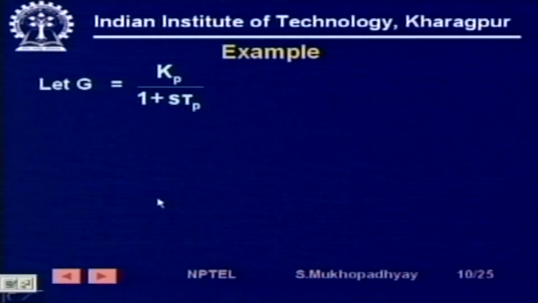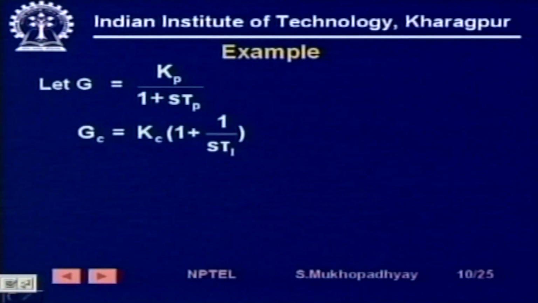So, one example. Suppose I have a plant which is Kp by 1 plus sTp. I am considering very simple examples. If you have more complicated examples, the solution process becomes more complicated, and you need numerical procedures for actually solving it out. But in essence, the method remains the same. And suppose I am considering a PI controller.